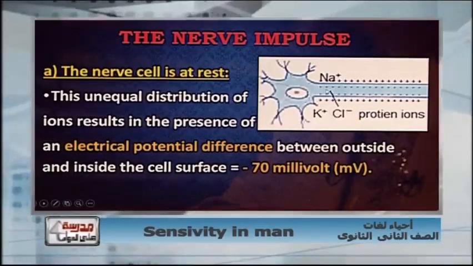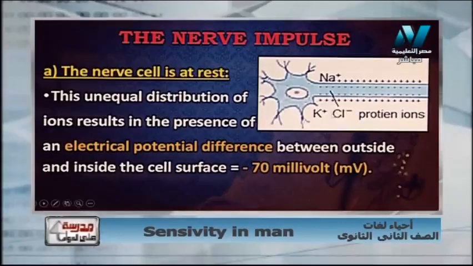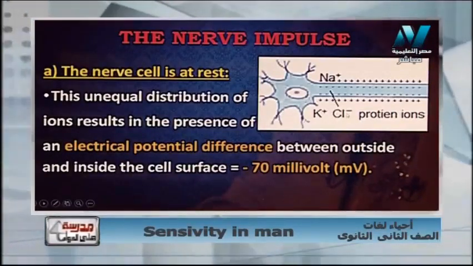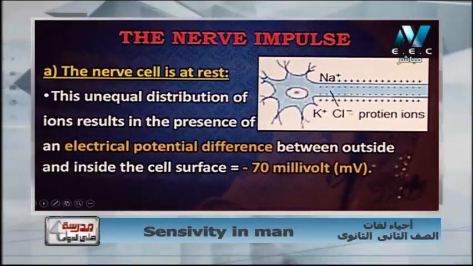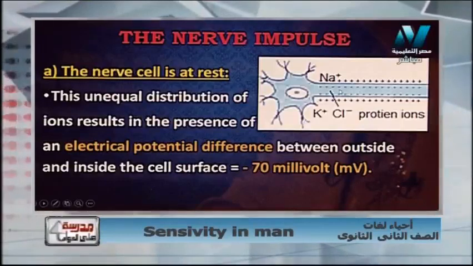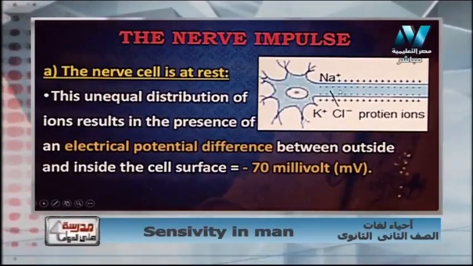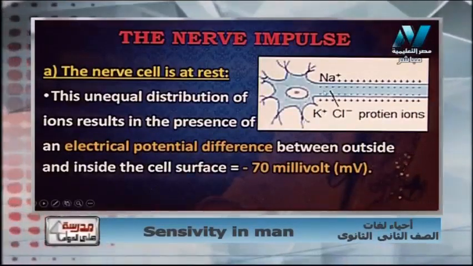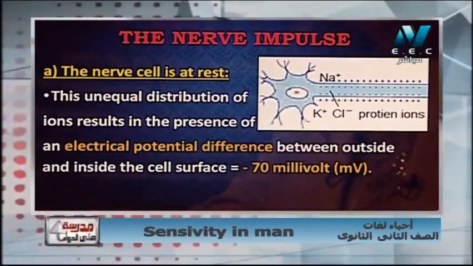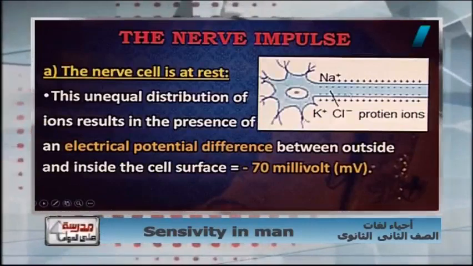Besides the potassium ions inside, there are chlorine ions and protein ions, and these are negative ions. The negative ions inside are much greater in number than the potassium ions. So the net amount of charges inside is negative.